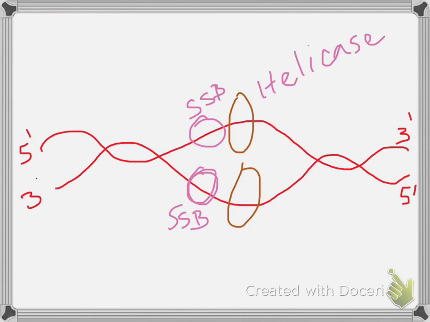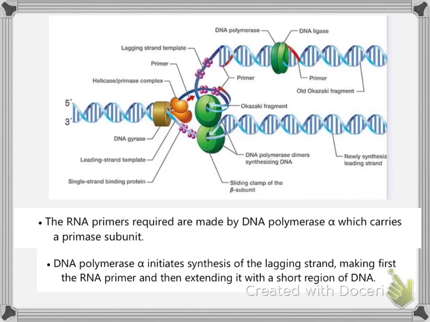Now we want to add the nucleotides. For the nucleotide addition, we require a primer, that is an RNA primer, made by the enzyme DNA polymerase alpha, which carries a primase subunit.